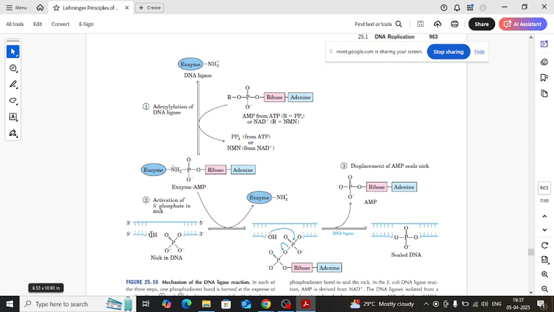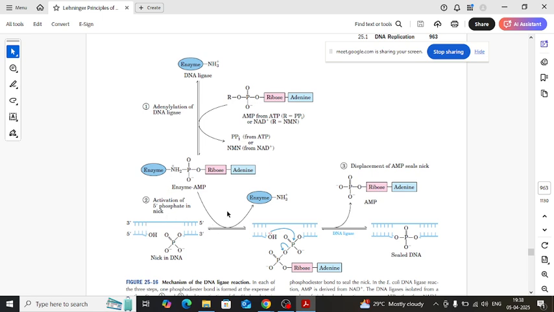One strand has a phosphodiester bond breakage, right? So now this enzyme, DNA ligase, will use NAD plus or ATP as a cofactor, right? So it will remove the PPi from ATP, so that it will form the AMP conjugate. Or if it is using NAD plus, then it will remove the NMN, and then it will use the AMP. So for the ATP, there will be an enzyme-AMP complex, right?